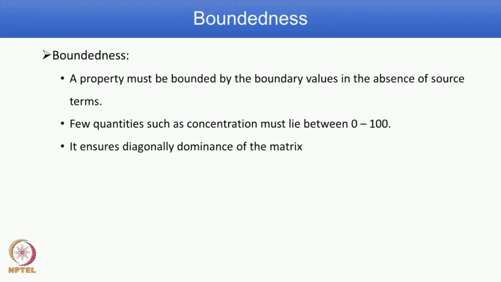Now, this boundedness ensures what is known as a diagonally dominant situation in a matrix. Once again, when we discretize the governing equation, finally we arrive at a system of linear equations and we put them in the form of a matrix, A x equal to b, where A is a coefficient matrix, x is an unknown column vector and b on the right hand side is a known vector.